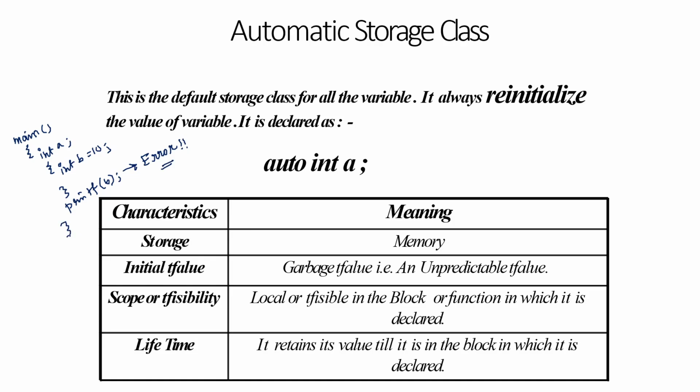Why? The reason is that b is declared here. Now why you will get the error? Because of the scope that we have seen, right? Now same thing can be applied here also.